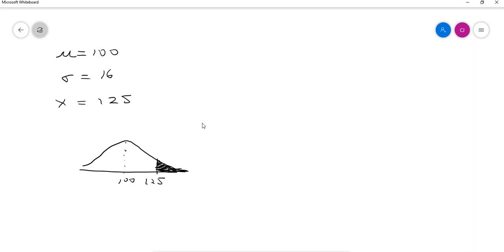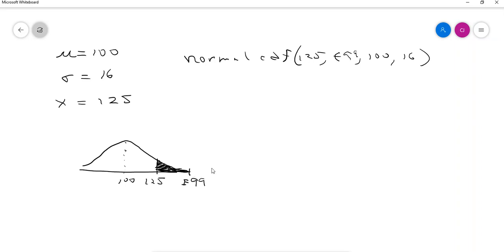I can just use my normal CDF if you guys have the older calculators. We're going to do 125, E99, 100, 16. All right, so again, here's 125 up to, so I don't have any numbers up there to look at. E99 is positive infinity. I'm up here to the right. And then I plug it in and I hit calculate, and that's it, right? So it makes it very, very easy.